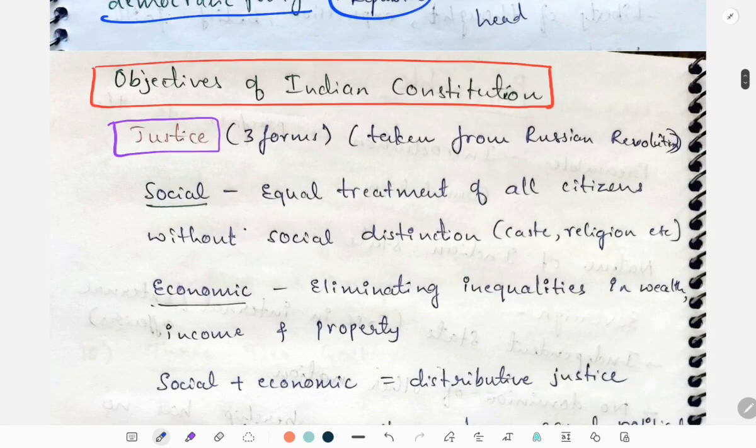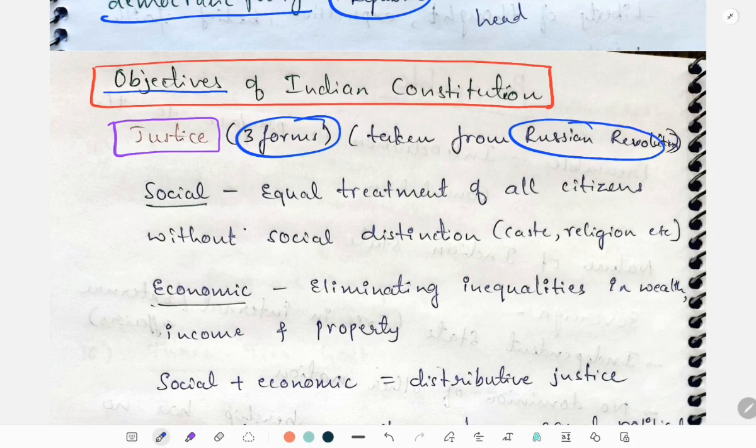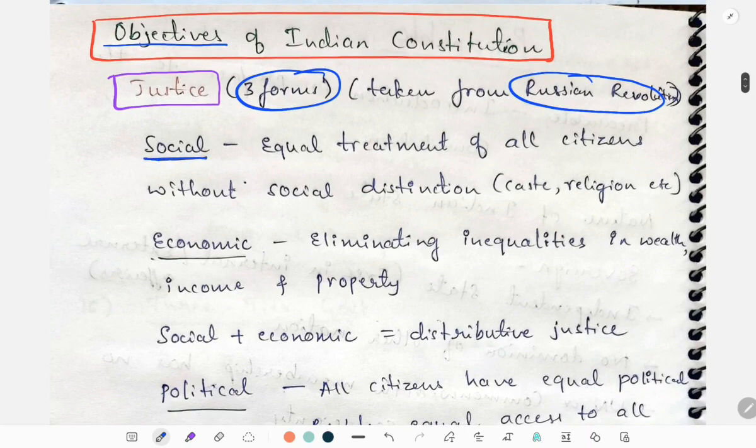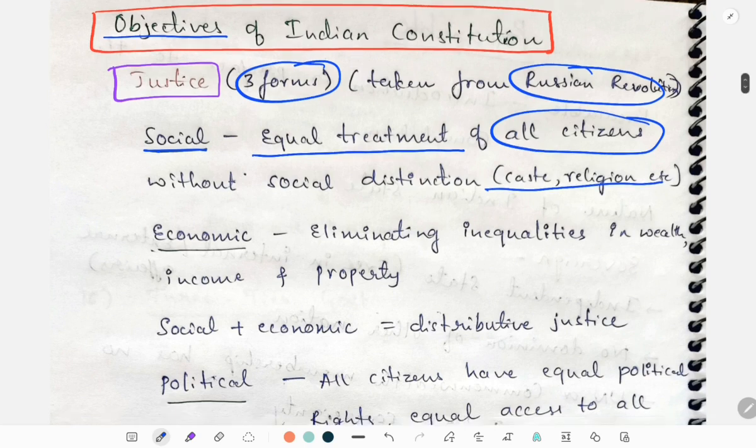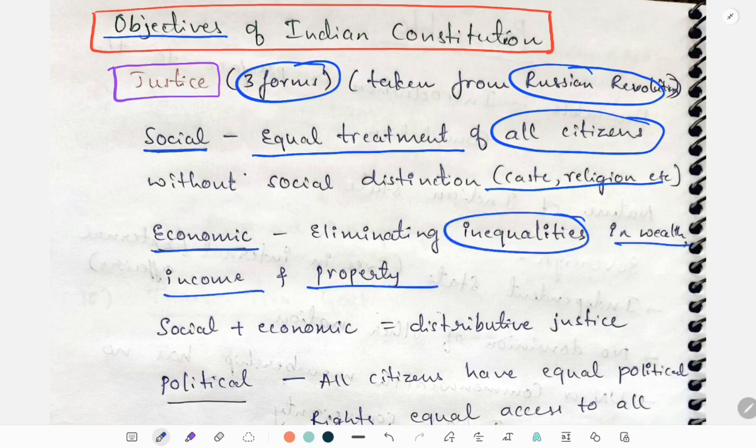Next, we'll see the objectives of the Indian Constitution. First one, justice. The three forms of justice are taken from the Russian Revolution. First, social: equal treatment of all citizens without social discrimination on the basis of caste, religion, etc. Next, economic: eliminating the inequalities in wealth, income and property.